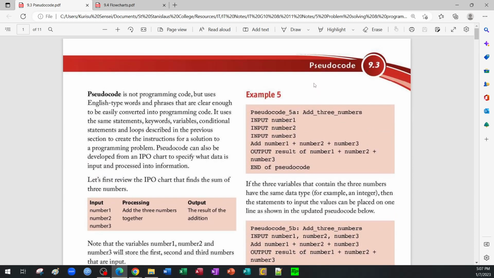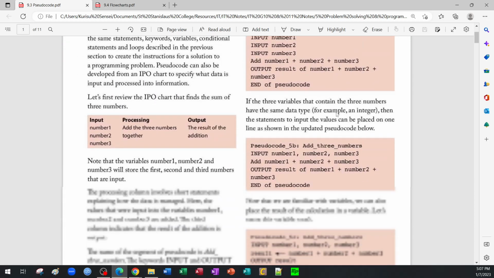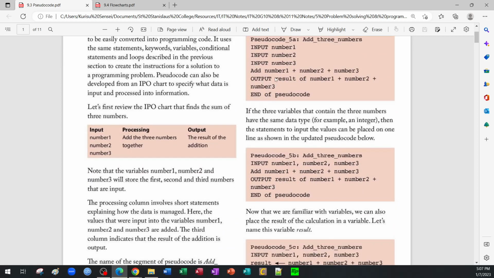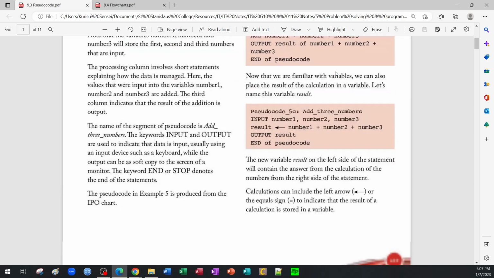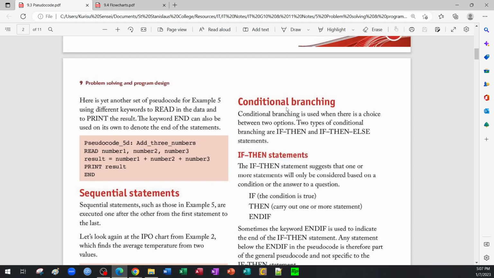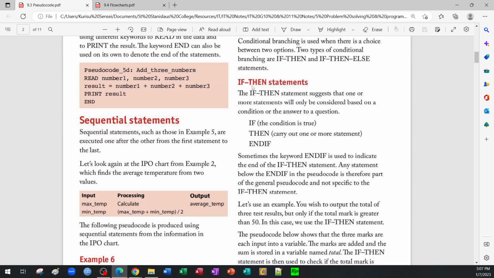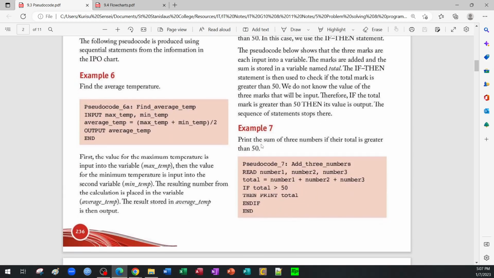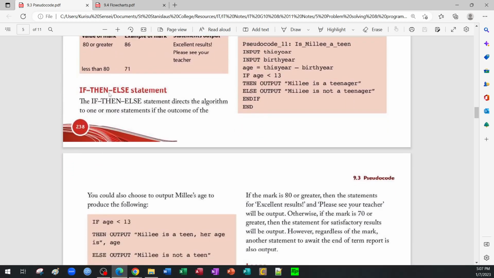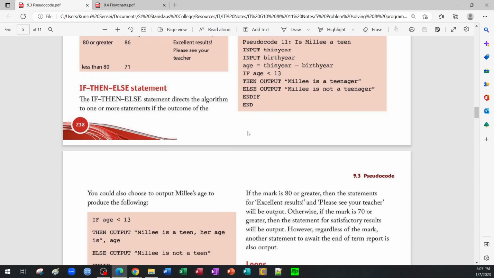So we would have covered how to create a pseudocode, how to do input, how to do output, how to carry out your processing. We looked at what is a sequential statement. We looked at what are conditional branching, the if then, and the if then else. Those are the two conditional branching.